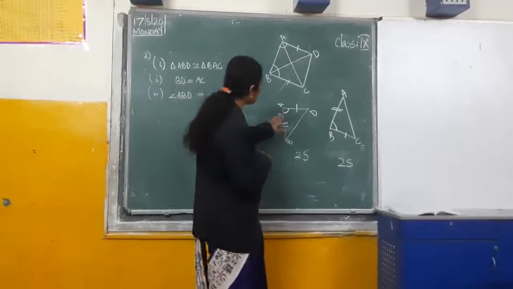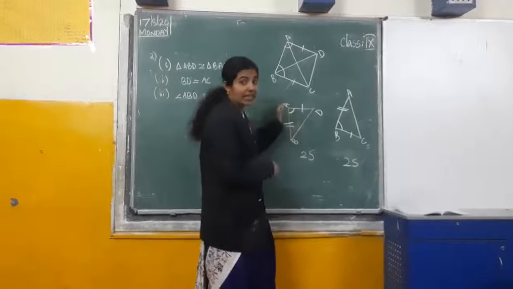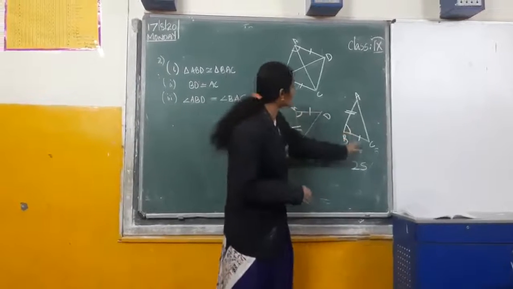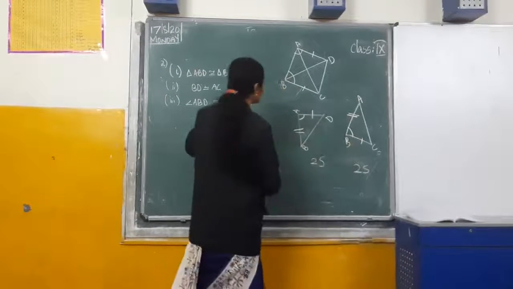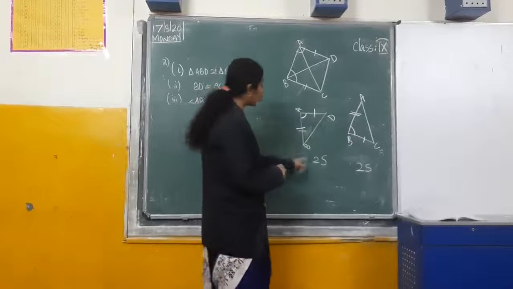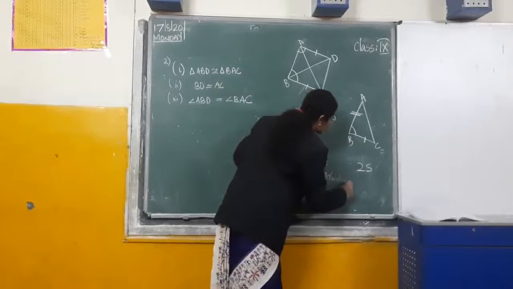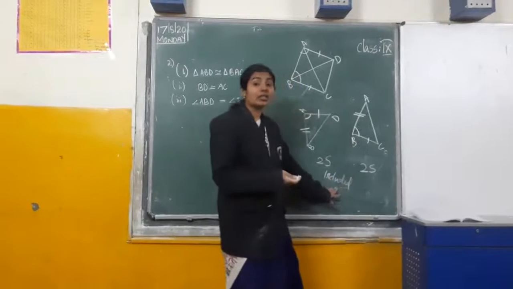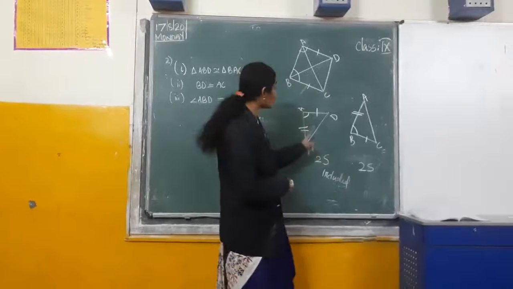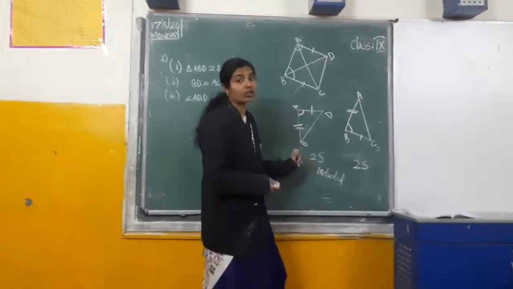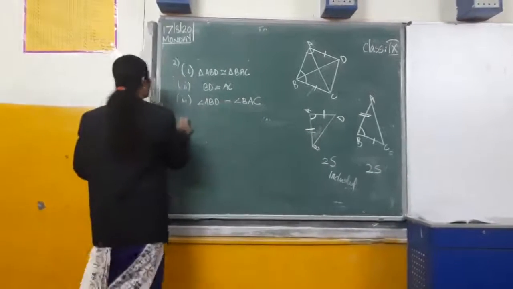Here you can see the included angle A is equal to included angle B. That means what can you say? Two sides and one included angle are equal. That means these two triangles are congruent by which rule? SAS congruence rule. So now we can prove this one.